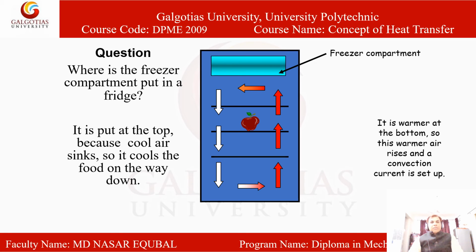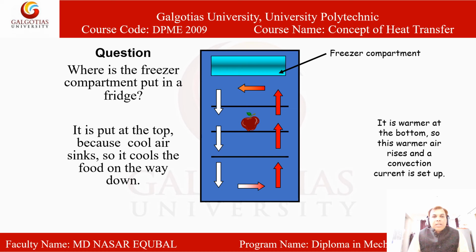Another question is, where is the freezer compartment put in a fridge? It is put at the top because cool air sinks, so it cools the food on the way down.